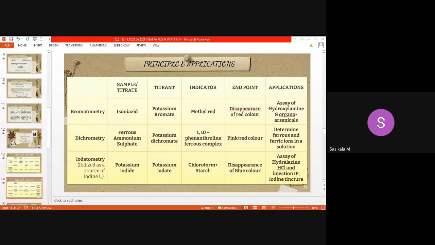KBrO3 is potassium bromate. When using potassium bromate as titrant, the technique is called bromatometry.